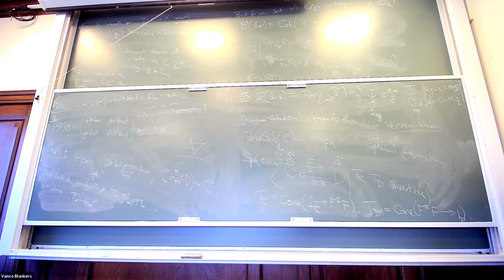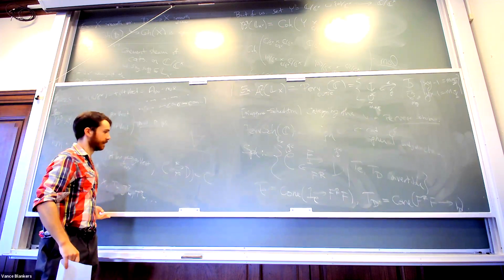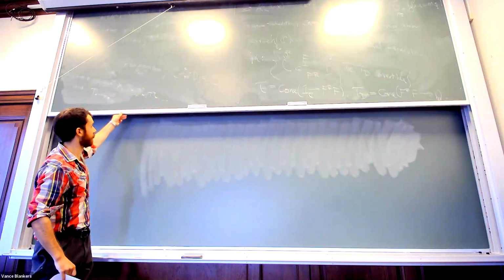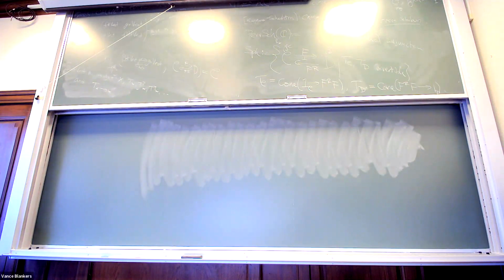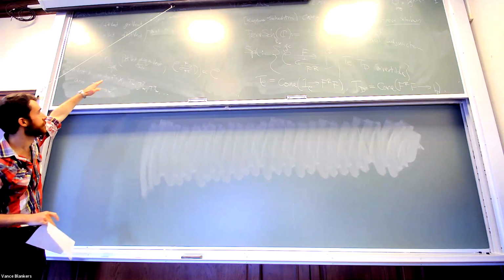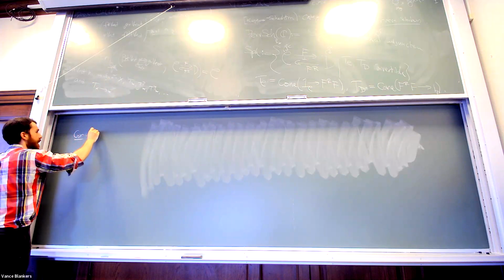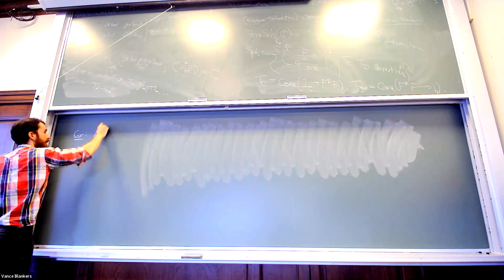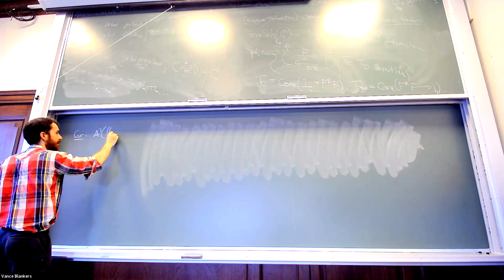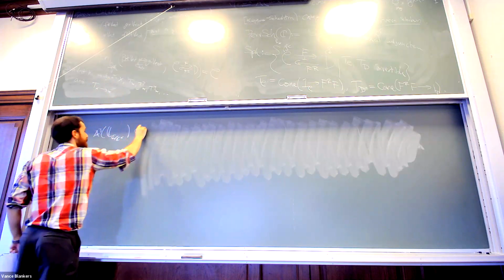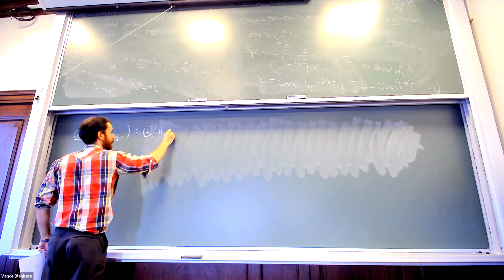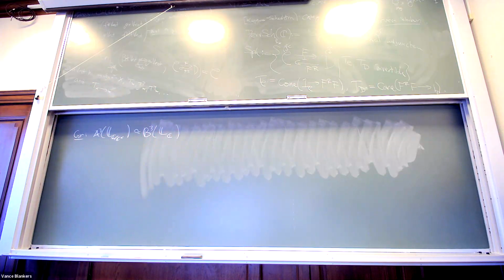Let me just go to the backboard now, since I have the last minute of my talk, and say one corollary. One corollary of this lemma, this Betti geometric Langlands statement I stated before, is that you can ungauge: you can move the quotient by C star from one side to the other. So we can also get that A3 of L for C mod C star is equal to B3 of L for C. We can switch the roles of the two spaces in our equivalence.